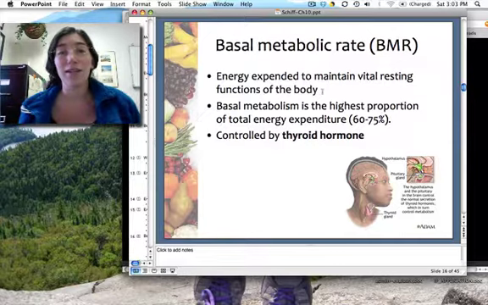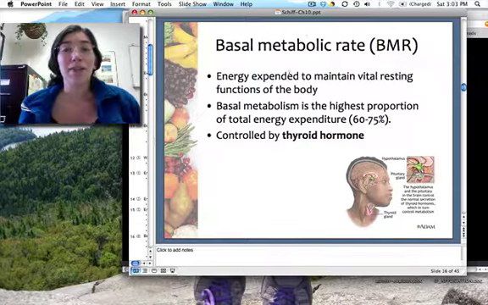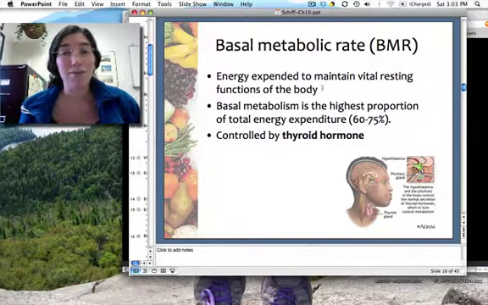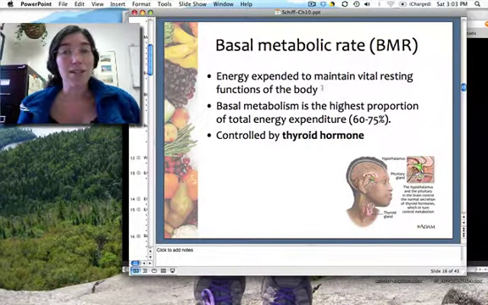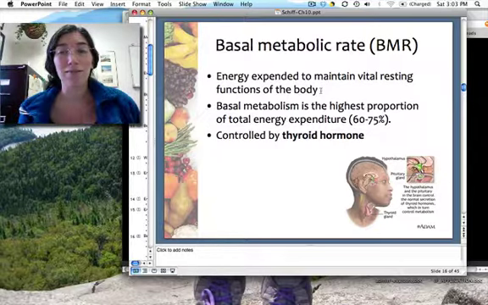So if you laid in bed and didn't eat for 12 hours, basal metabolic rate is the amount of energy your body still expends just to keep you alive while you're laying still and not even eating anything, okay? It's a lot of energy. You have a lot of organs that need to function to keep you alive, and they require a lot of energy. So the BMR is actually a very large proportion of your energy expenditure.